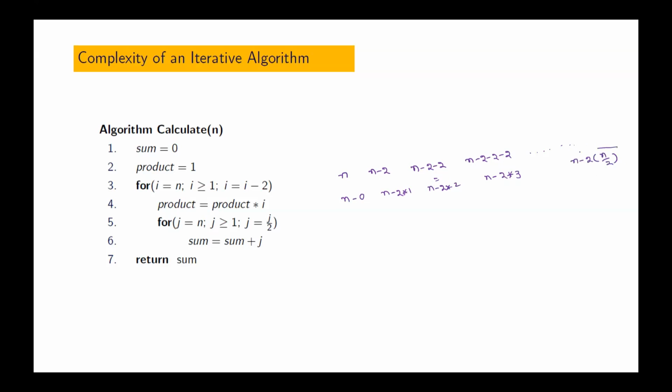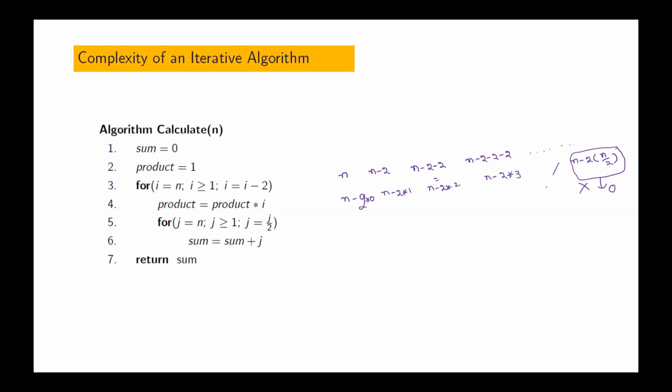What is the value we get here? 0. That means the condition fails or not? Yes. So this goes n minus 2 into 0, 1, 2, 3, and so on, n minus 2 into n by 2. That time it fails.